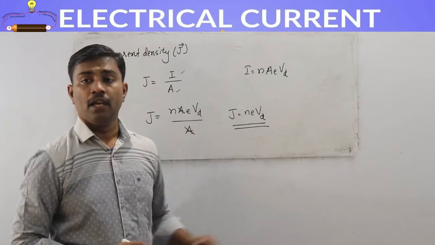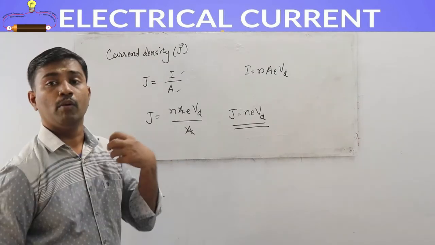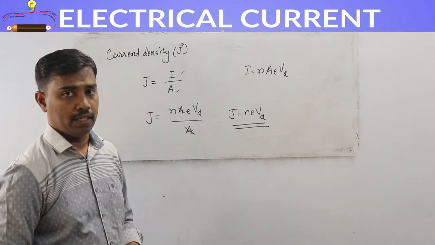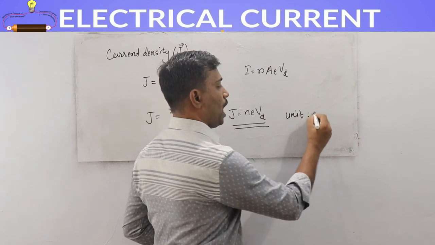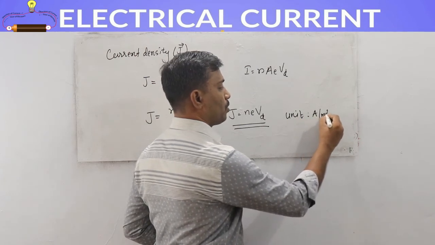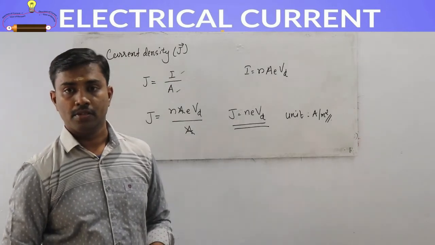This is the equation for finding current density. The unit of current density is ampere per meter square.